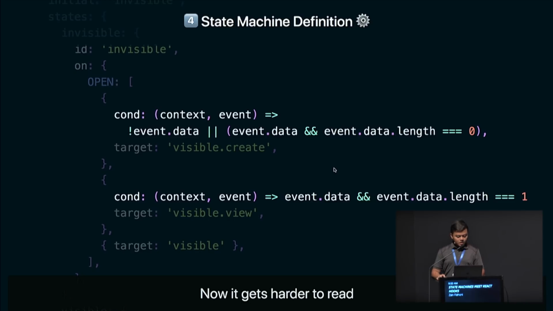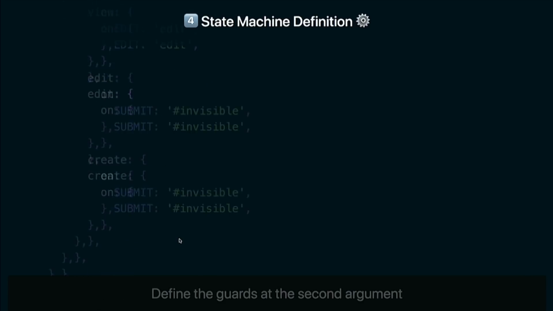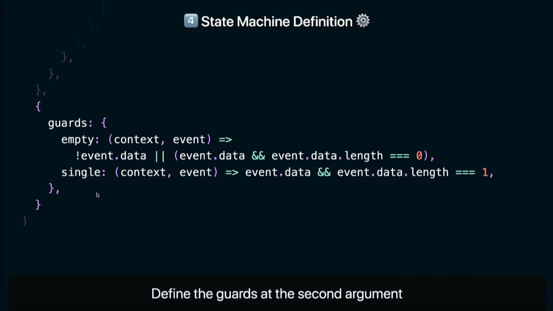We can alias this guard into a simple string, so it's more readable. Now we have: if empty, then this; if single, then this; else, this. And we define those guards in this object instead. So this is the second object that we pass to the machine, and it's just naming the condition as a string.